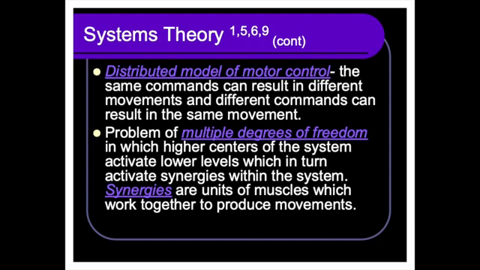The second idea is the idea of multiple degrees of freedom. This was actually a problem when we think about motor control, and some solution needed to be presented, to think about the redundancies within our body. If you think about lifting your foot over an object, if your foot has to clear the ground by 4 feet or 5 feet or 6 feet, you can do it in a variety of ways. You can, with your knee straight, flex your hip and dorsiflex, which may bring your foot over.